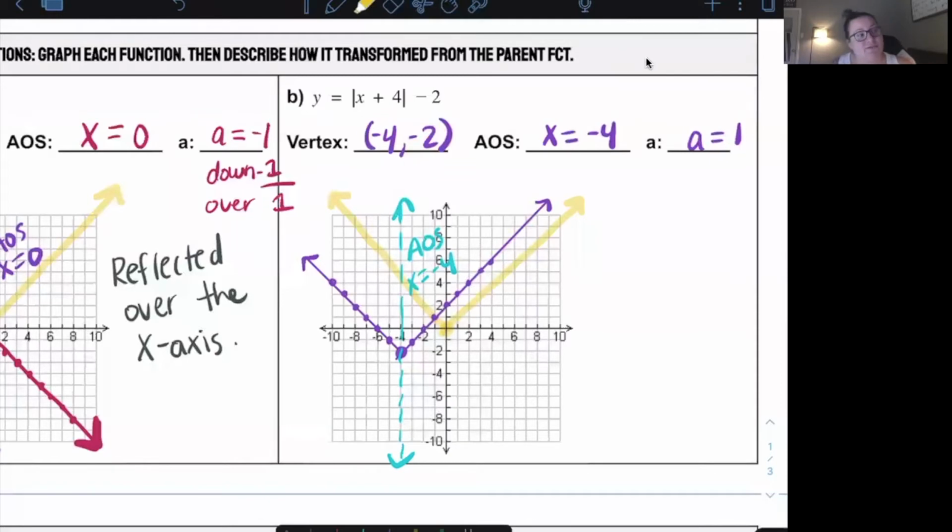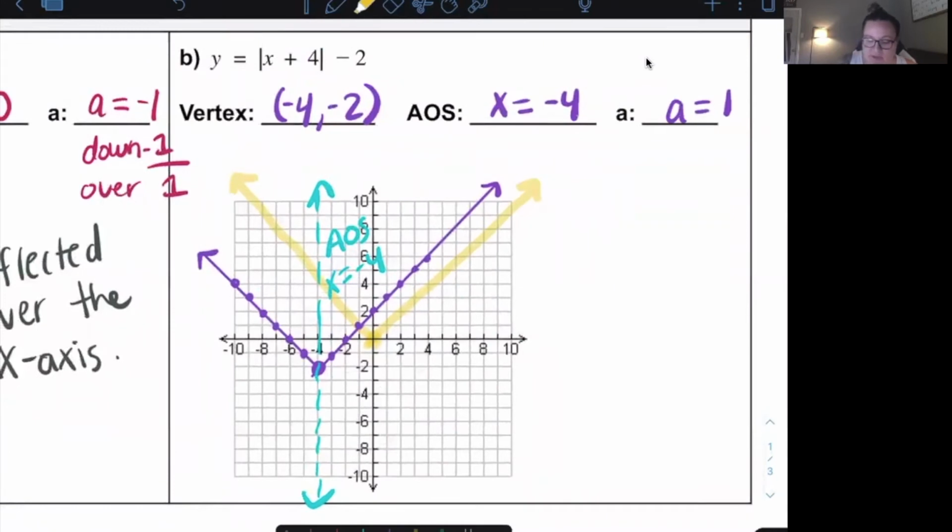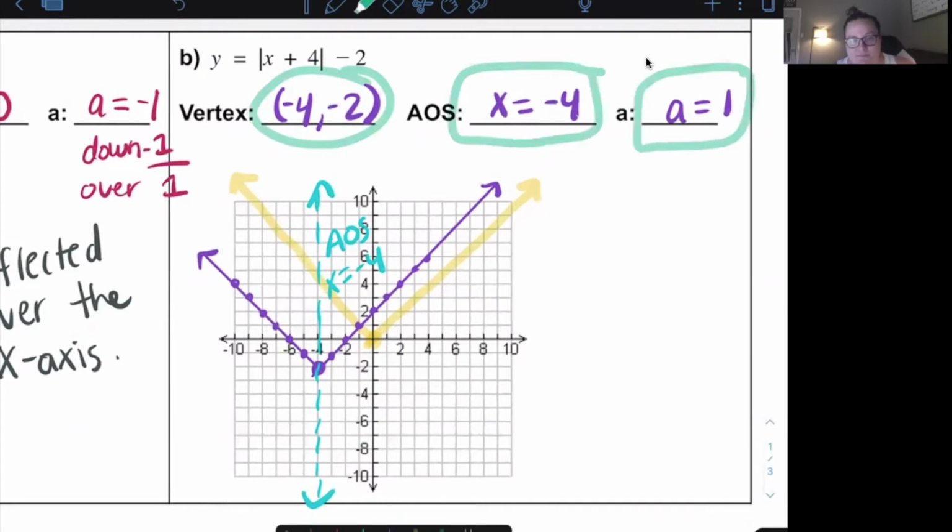All right, so as you can see, I graphed the new function in purple and the parent function with my yellow highlighter. I've noticed that my vertex was at -4, -2. My axis of symmetry is x equals -4. And then my slope, or A, is 1.